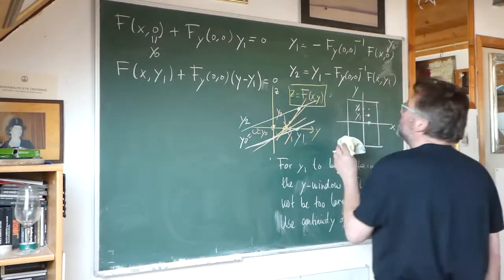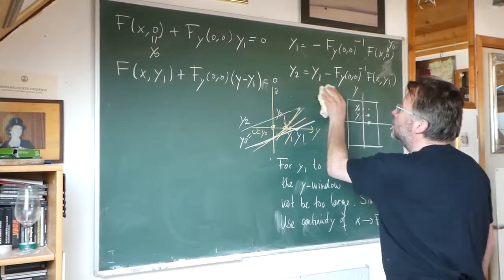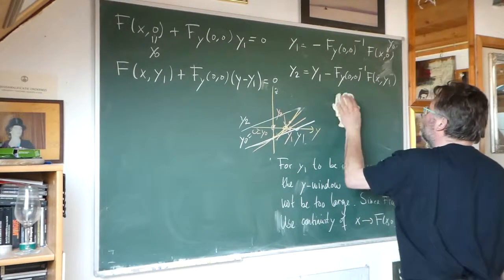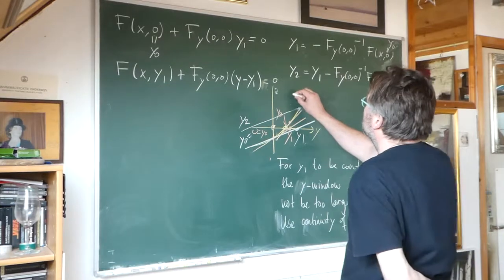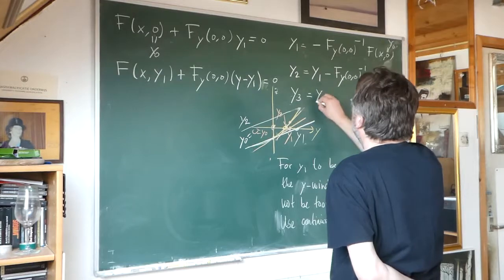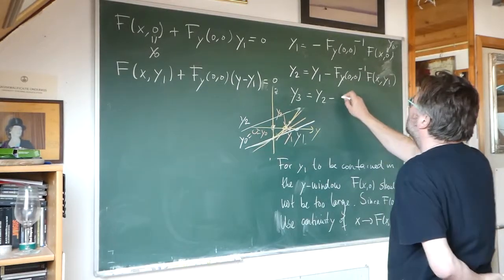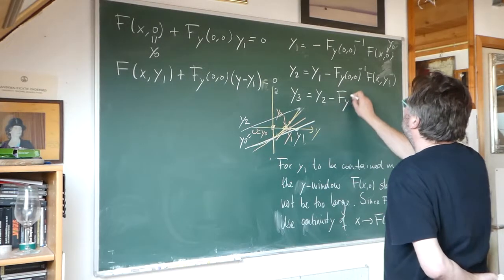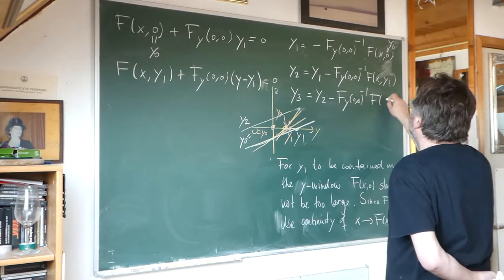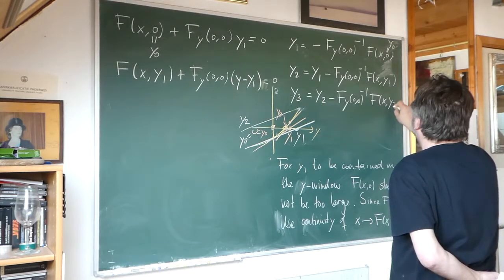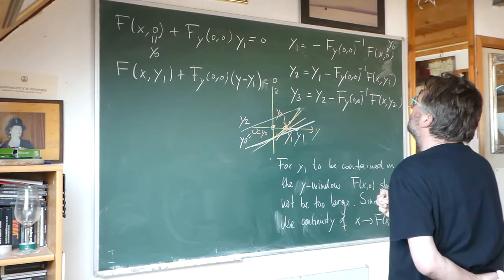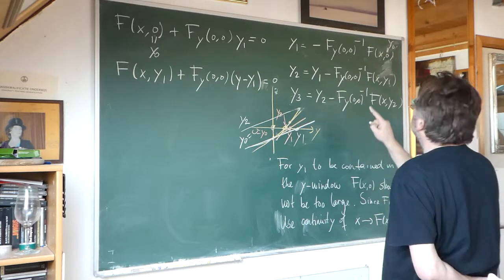This we know, and this we can copy later. So here y3 is y2 minus f_y(x, y0) inverse acting on f of x and y2.